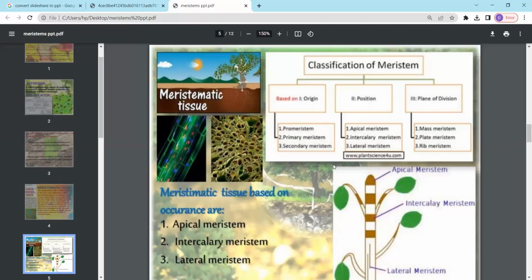From the promeristem, the primary meristem is formed, and the secondary meristem is formed from the primary meristem. Based on the position, apical meristem means they are present in the apical regions of the root and shoot, and intercalary meristem means between the nodal regions.